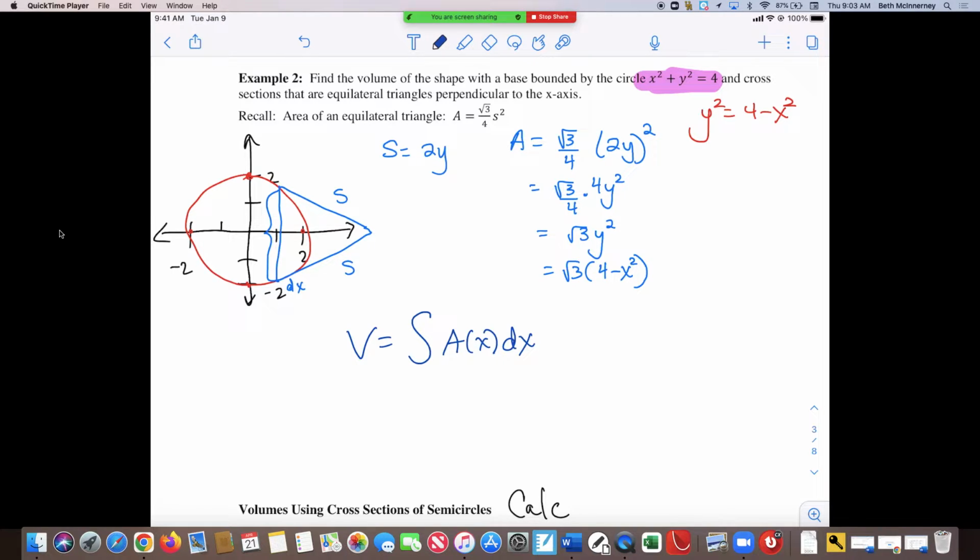We're trying to get them infinitely smaller, add them up, and let calculus do its work. So on the x-axis, what would be my limits of integration? Negative 2 to 2. My area is the square root of 3 times 4 minus x squared dx.